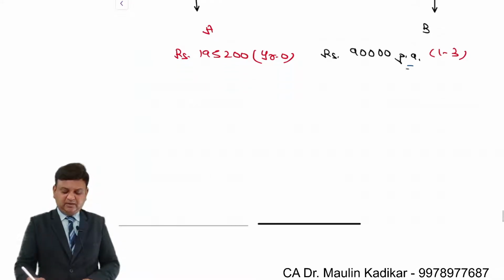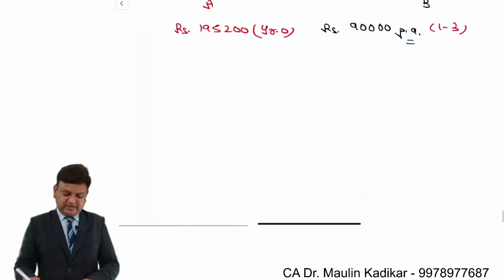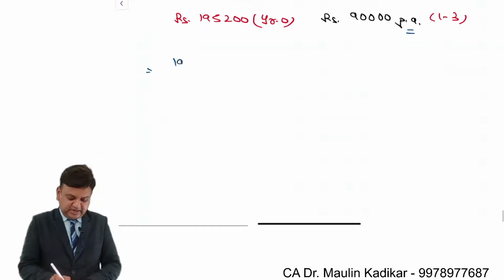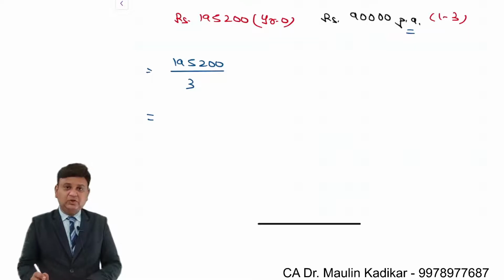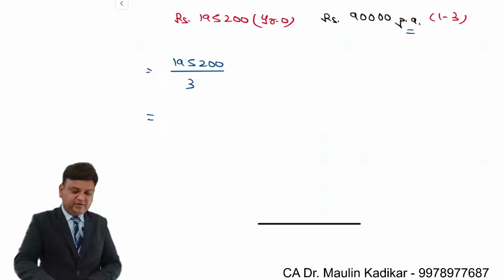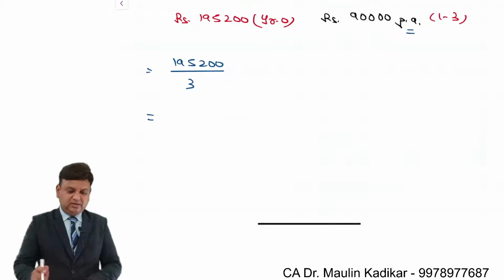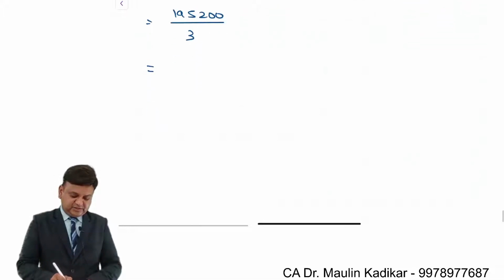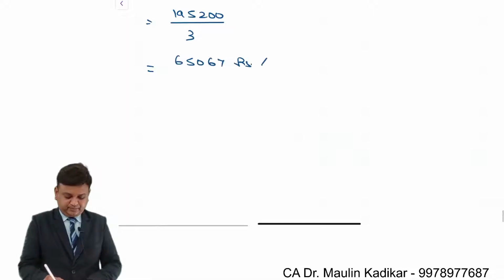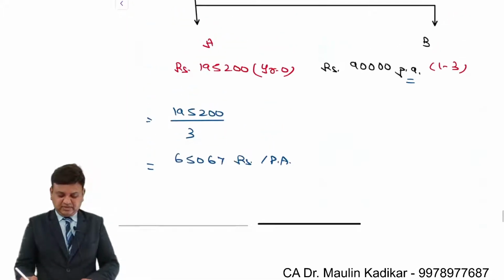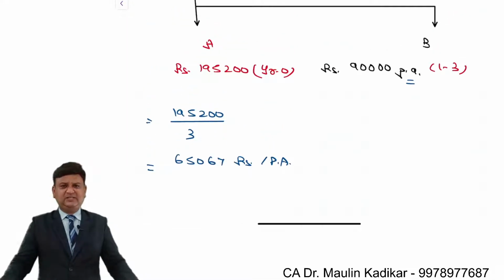That per year, option B has expense of 90,000, option A has 1,95,200 divided by 3. So what is the annual expense? 1,95,200 upon 3. Annual expenses 65,067 rupees per annum. Can we make a comparison like this?